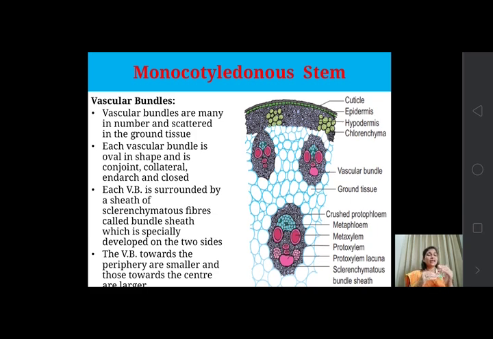So the arrangement for the protection of these vascular bundles is this protective sheath.